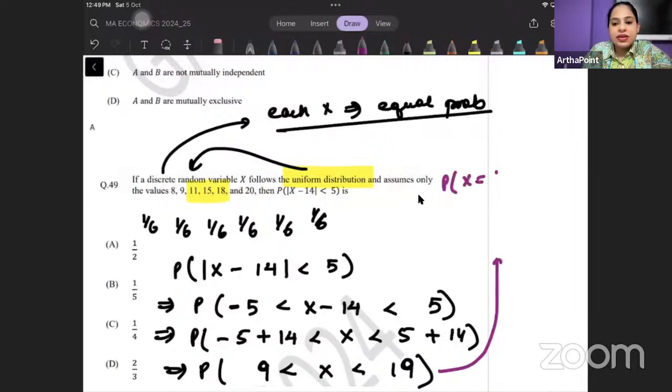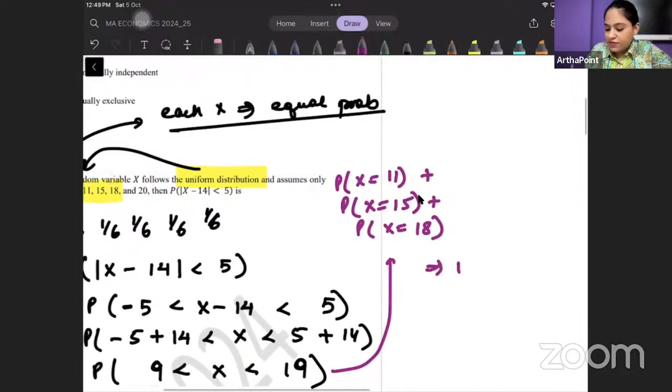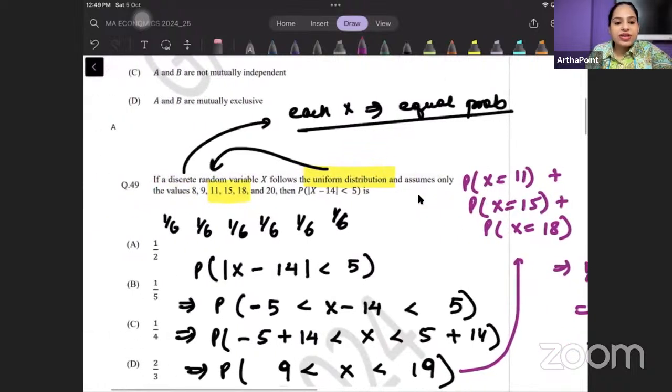X can be 11, x can be 15, x can be 18. I am just doing it in multiple steps. इतना करने की जरूरत नहीं है. Each have equal probability. 3/6, 1/2. So the correct answer to this question is 1/2.